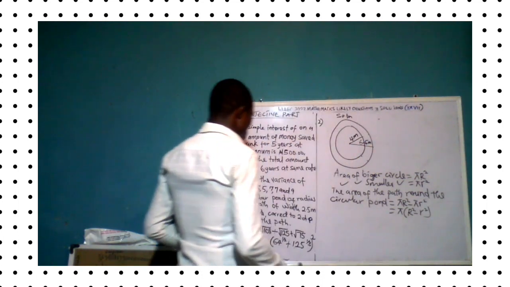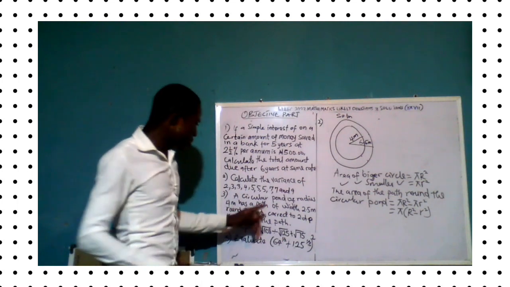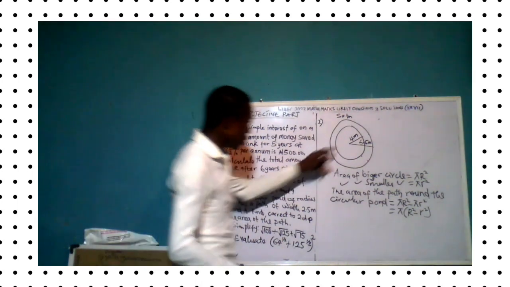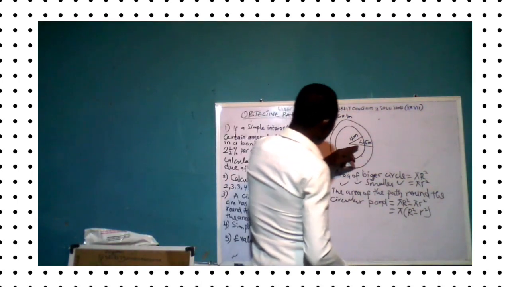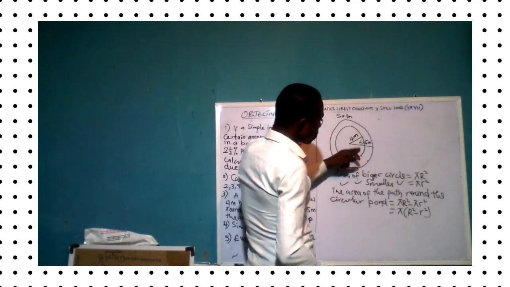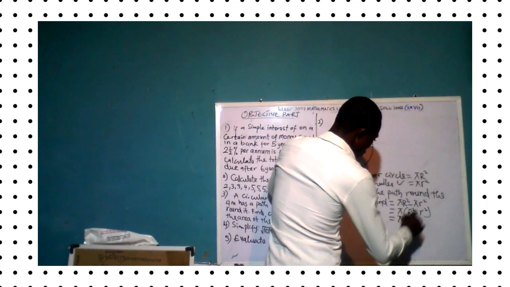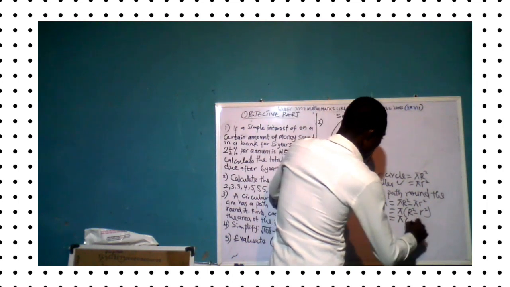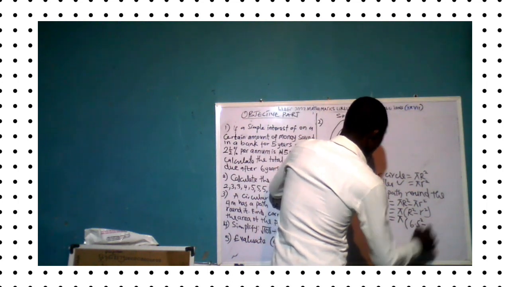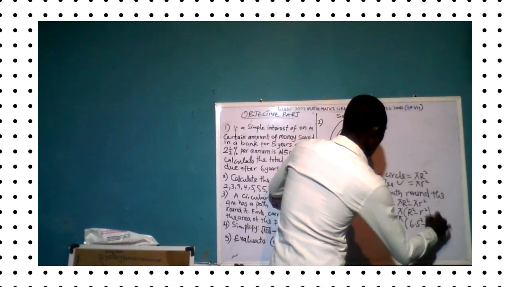Okay, but we are given the radius of the bigger circle, so just input it. So you have 6.5 squared minus 4 squared.